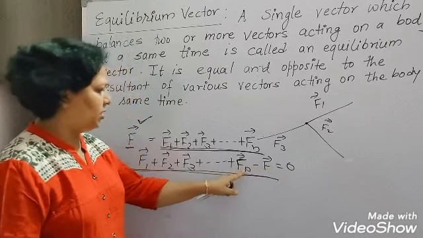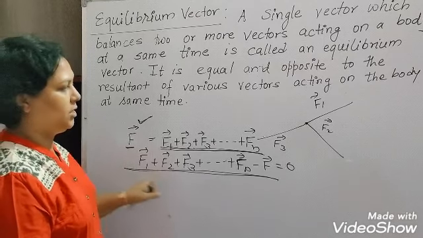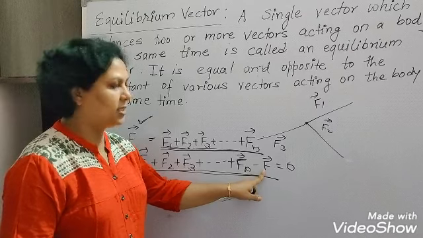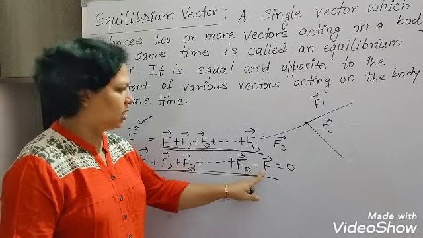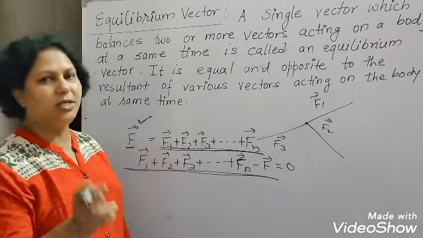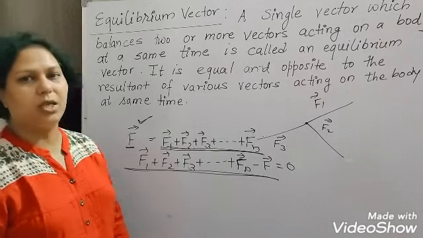Obviously the resultant of these vectors is positive and this is the negative vector, so the direction is opposite. The equilibrium vector's direction will be opposite to the resultant vector. So this is all about the equilibrium vector.